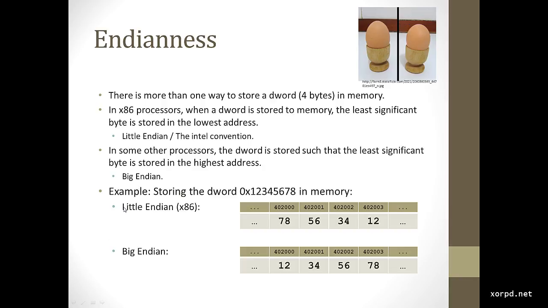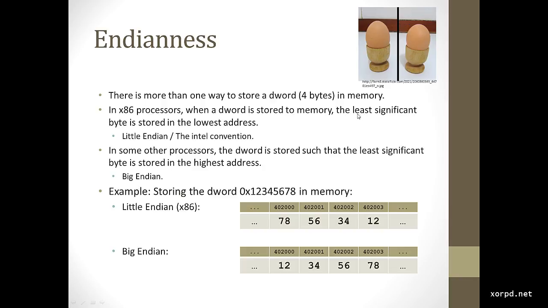So we begin with the little endian, which is the x86 convention. This is how D words are actually going to be stored in your program. Maybe unexpectedly, it will be stored in this direction.